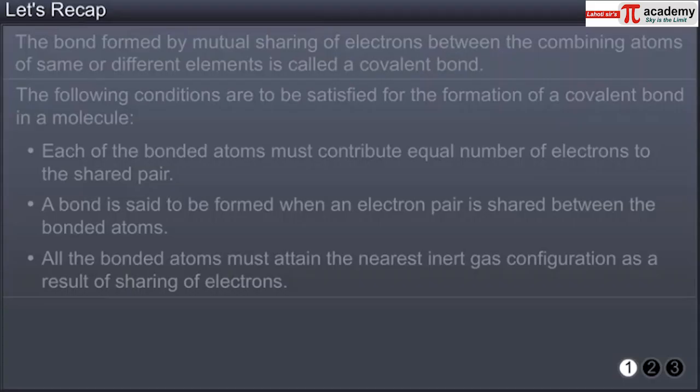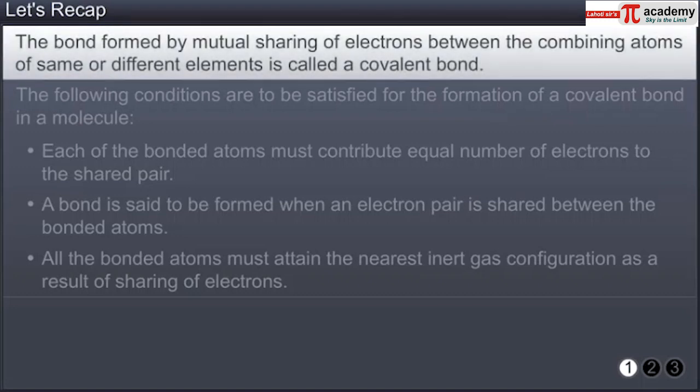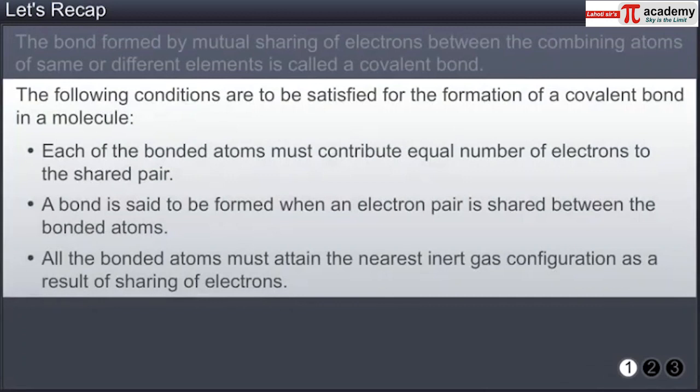You have now reached the end of this module. In this module, you learned that the bond formed by mutual sharing of electrons between the combining atoms of the same or different elements is called a covalent bond. The following conditions are to be satisfied for the formation of a covalent bond in a molecule.